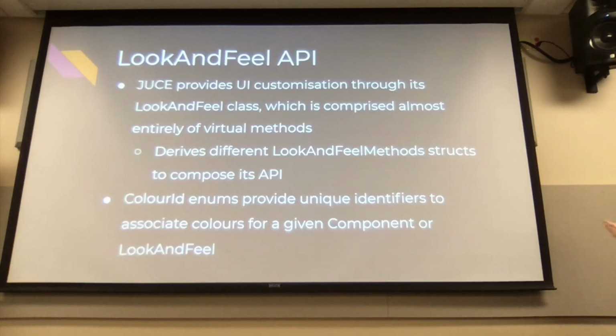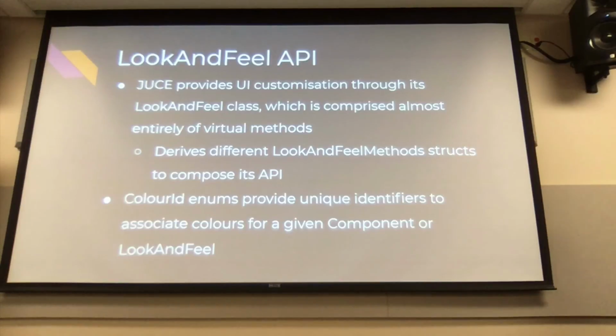That's how it composes the API for the actual look and feel class: by overriding all of these methods. That allows you to subclass look and feel and start overriding and providing different painting behavior based on whatever kind of theme you want to make.